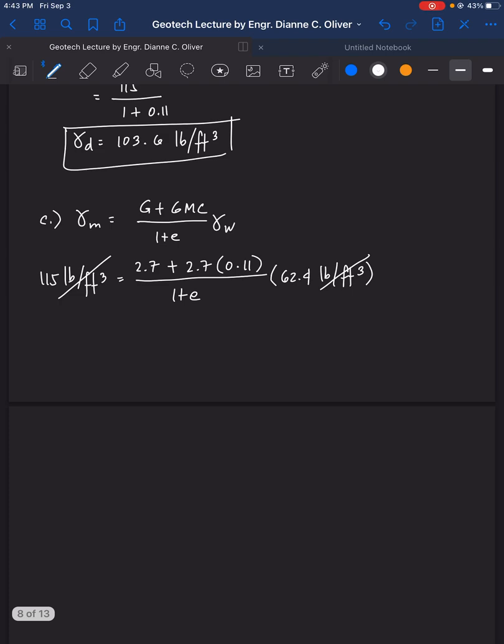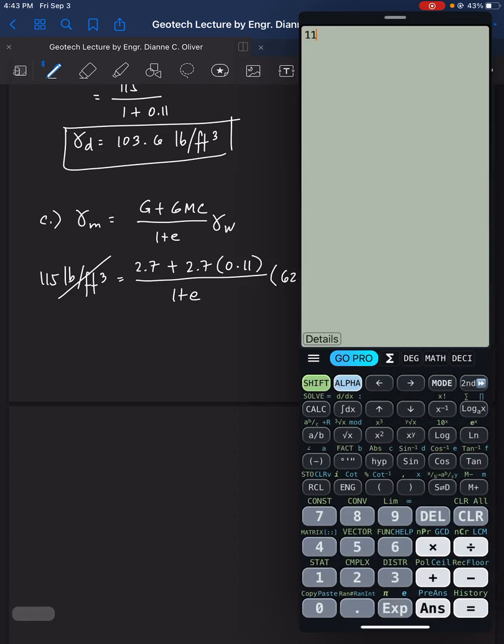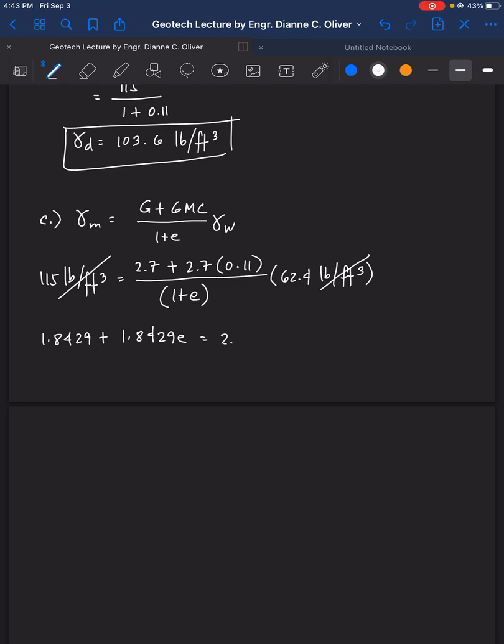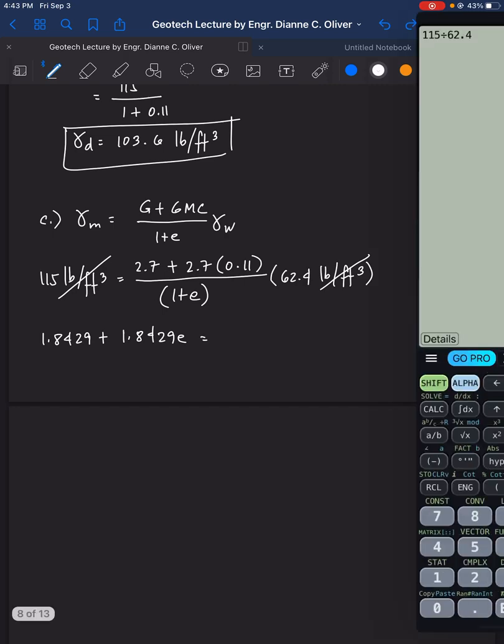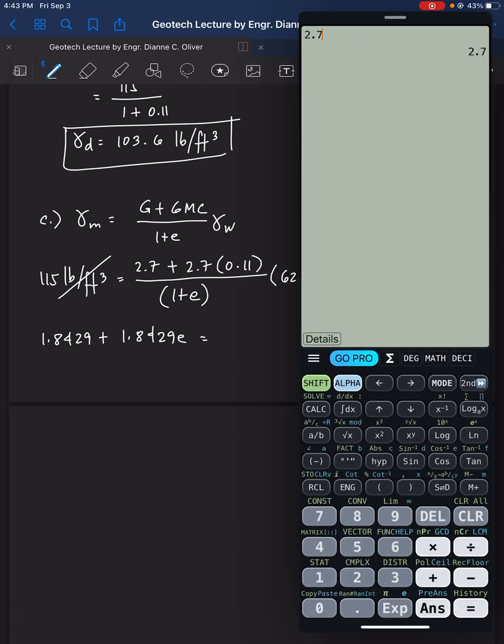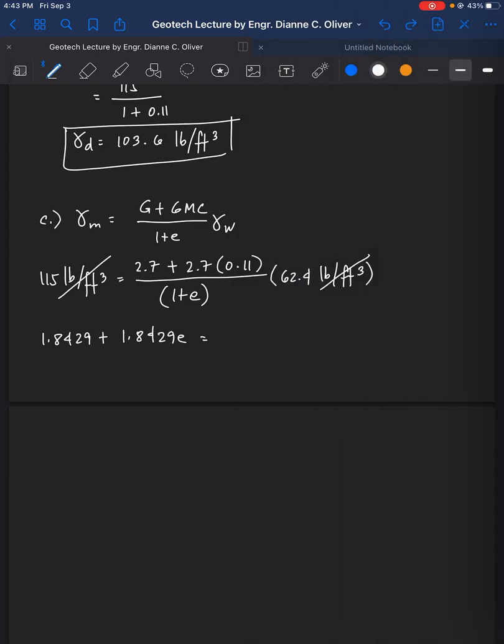So we now have 115 divided by 62.4, 1.8429, multiplied with 1 plus E. So 1.8429 plus 1.8429E equals 2.7 plus 2.7 times 0.11, which is 2.997.